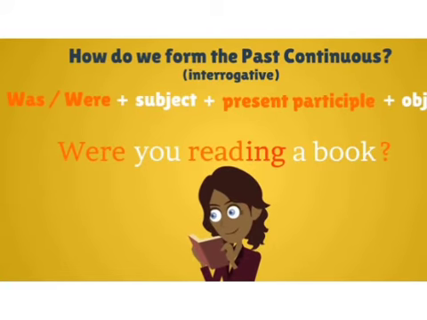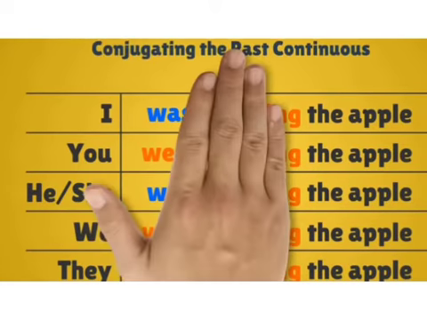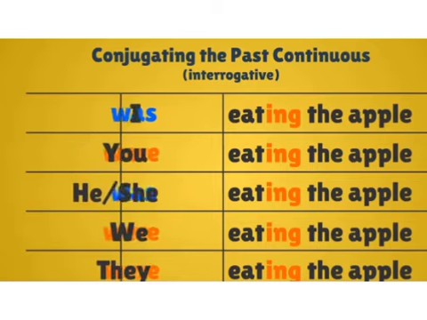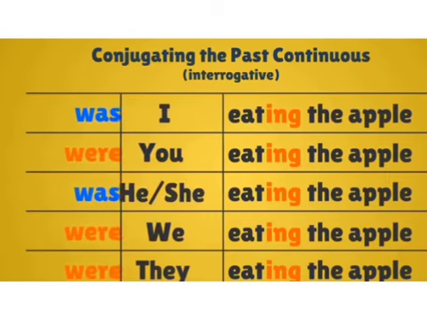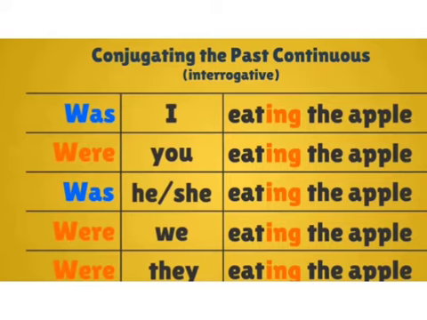Which means, were you reading the book in the past? This action takes place in the past. Next, moving on to conjugating the past continuous interrogative. Let's see with the clear tabular column. Was I eating the apple?